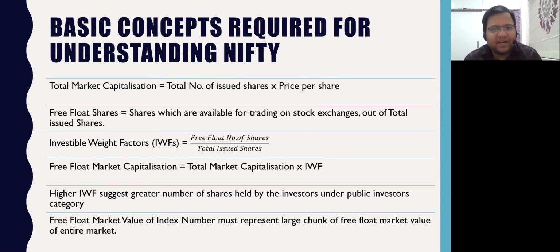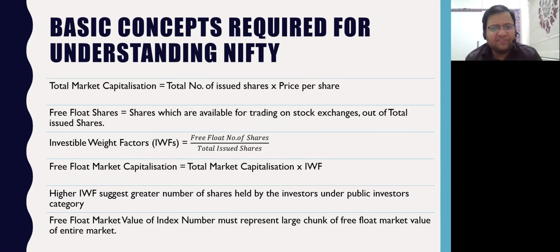So my investable weight factor will be, out of your total shares, how much is the free float? You have to work out the free float. 45.38 is held by promoters. So 45.38 you should deduct out of 100. I hope you understood. So that will give you 54.62.